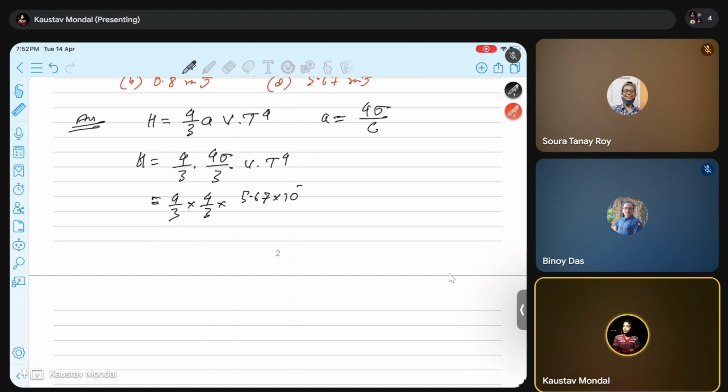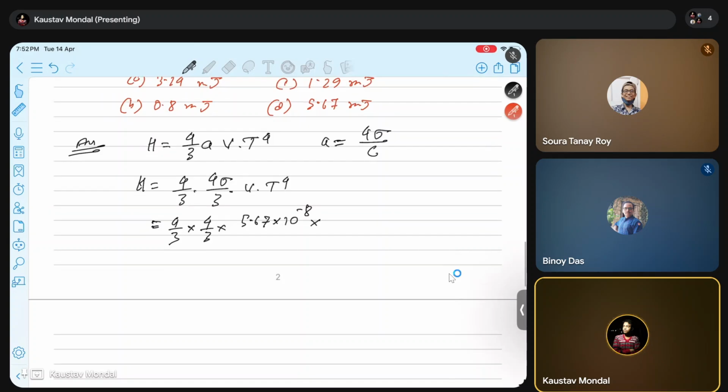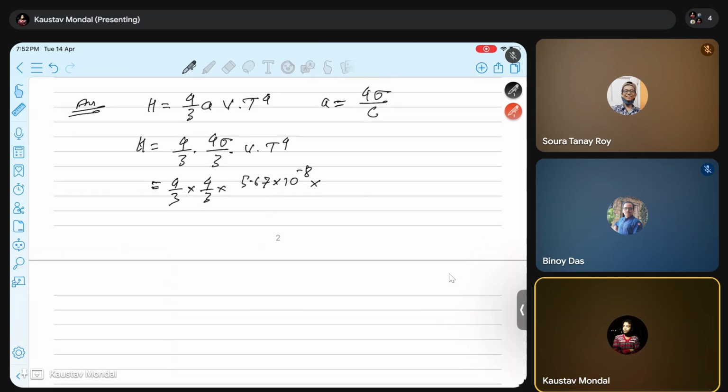5.67 into 10 to the power minus 8, into volume 5 liter. To convert it into SI, 1 liter is 1000 cc, so it becomes 5 into 0.001, into temperature 4000 to the power 4, and C is also there.